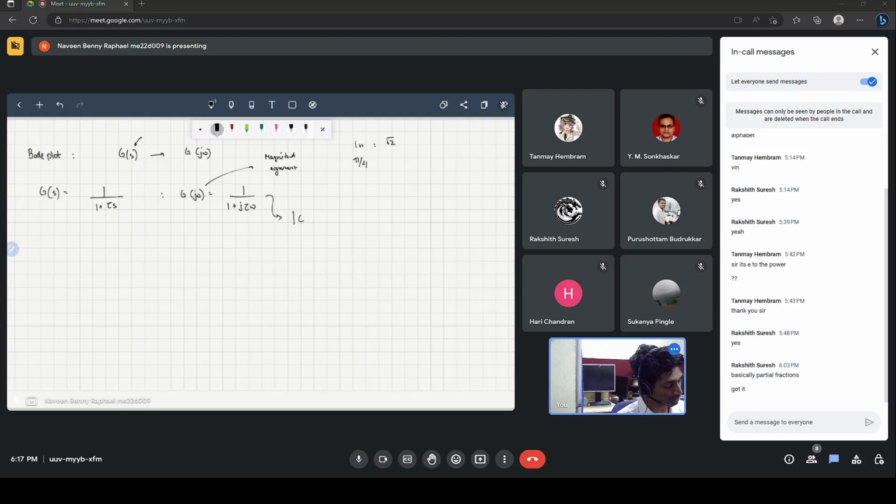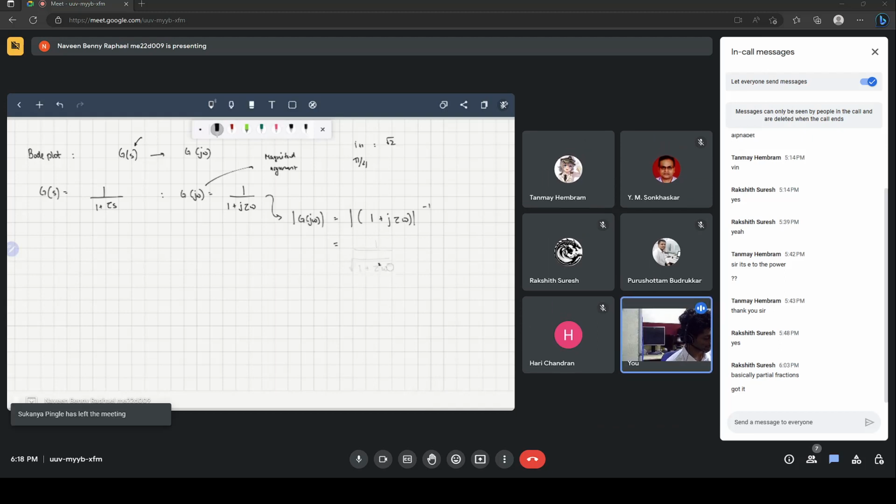The magnitude of g of j omega, we can write this as 1 plus j tau omega to the power minus 1, and the magnitude of this is 1 by square root of 1 plus omega squared tau squared. Did that make sense?